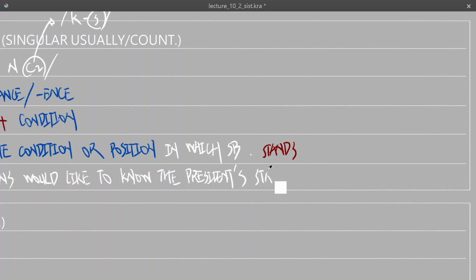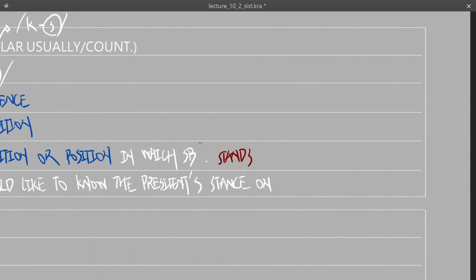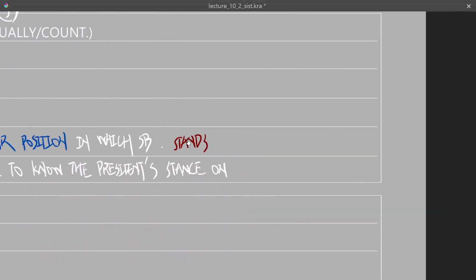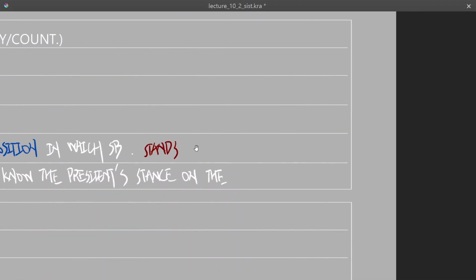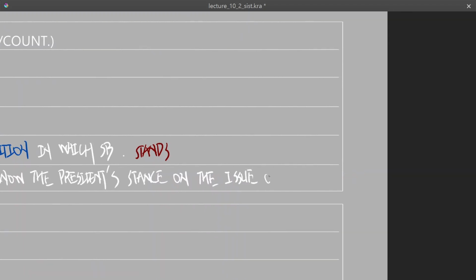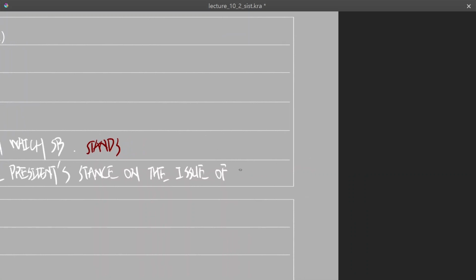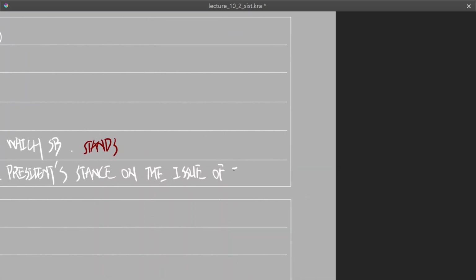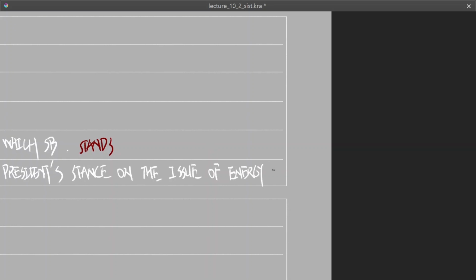The president's stance on what? On what kind of issue? Let's say on the issue of energy shortage.